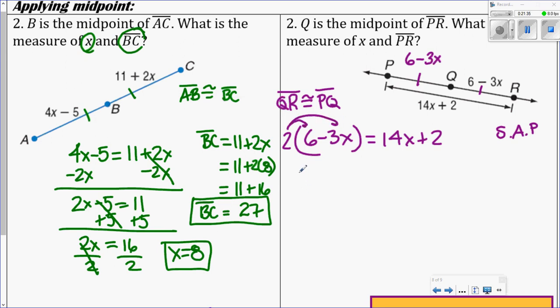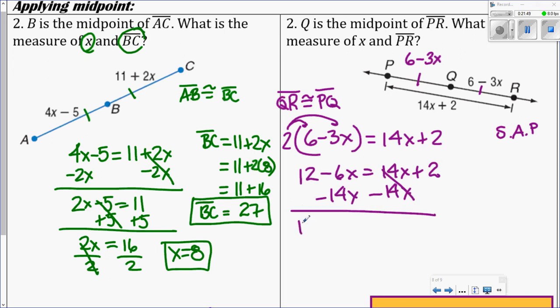Then that comes out to 12 minus 6x equals 14x plus 2. Then we subtract 14x on both sides, cancel this out, bring the 12. This one is negative 20x equals 2.